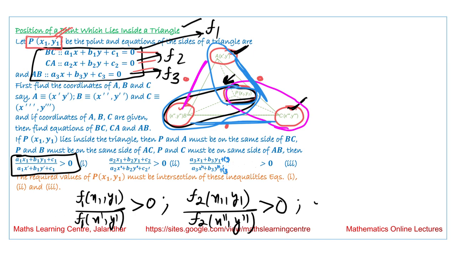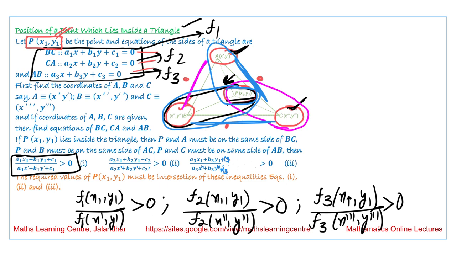And third, f3(x1, y1) divided by f3(x''', y''') should be greater than 0. So we have these three conditions, each greater than 0.